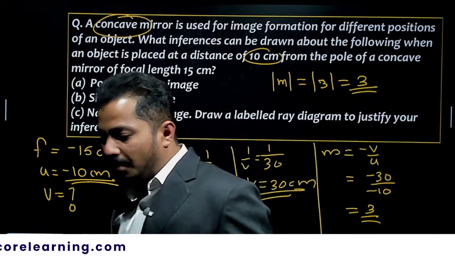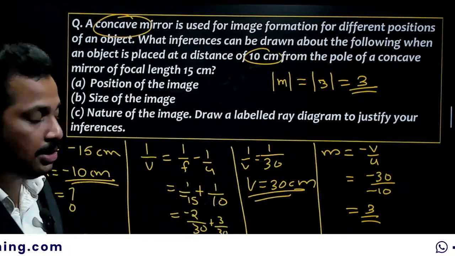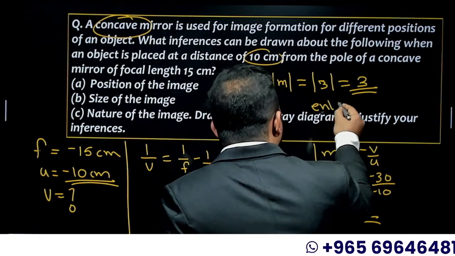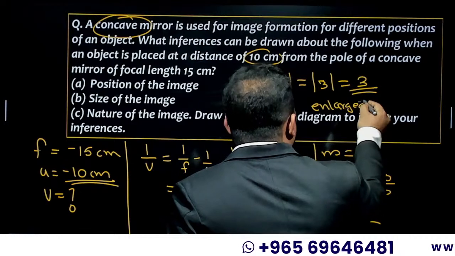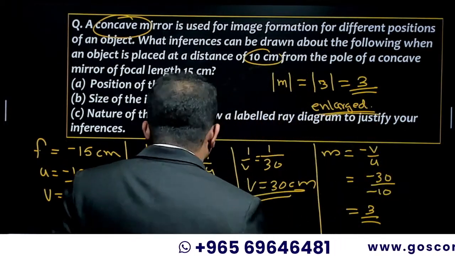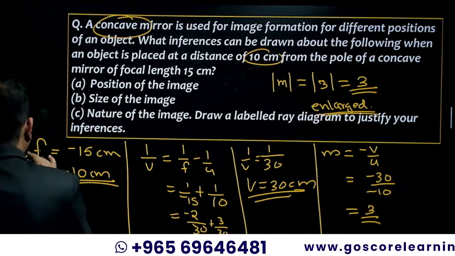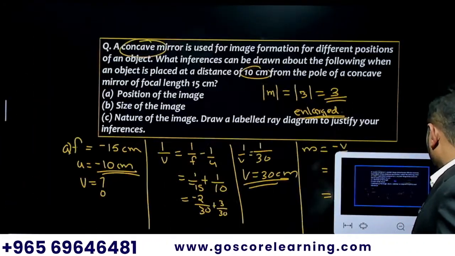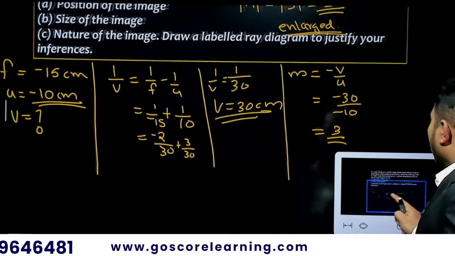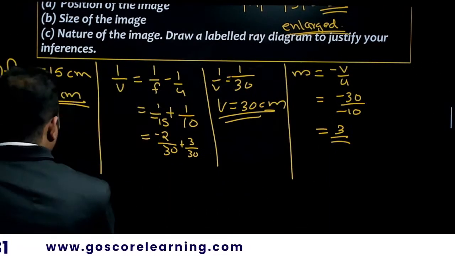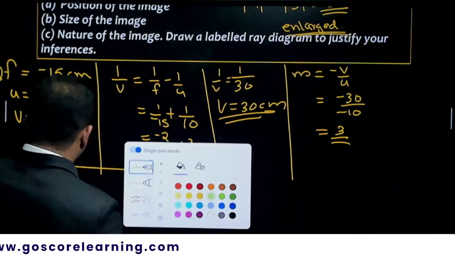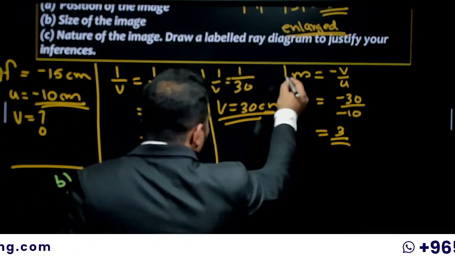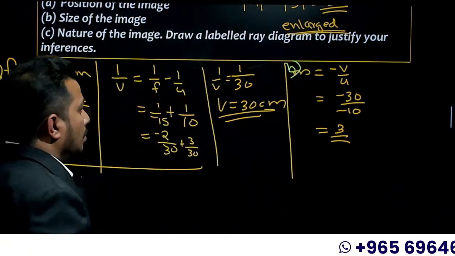So here the modulus of magnification is greater than 1, so it is an enlarged, or magnified, image. So you should write the answer for question A, and for question B, size of the image: m is equal to minus v by u.